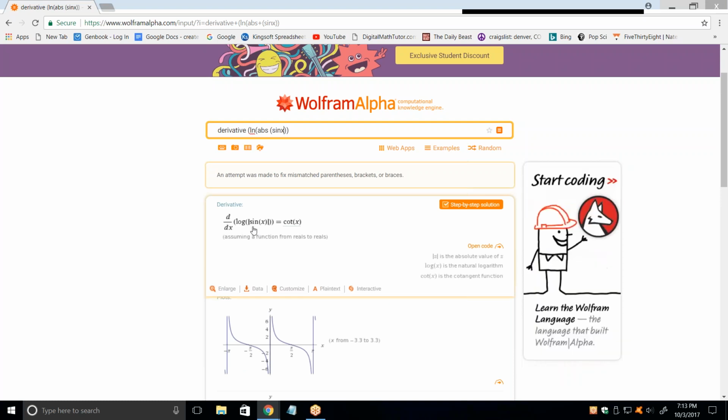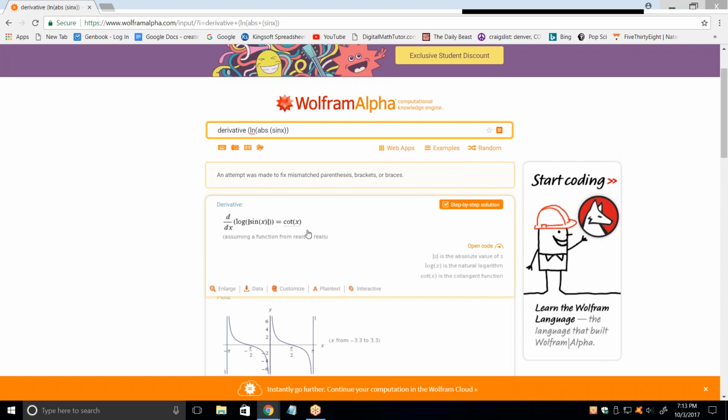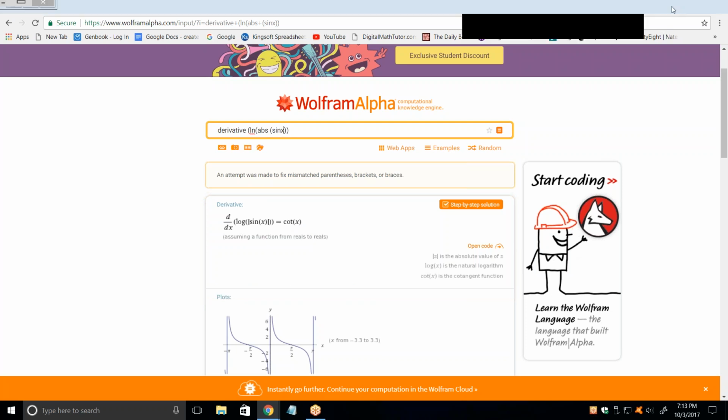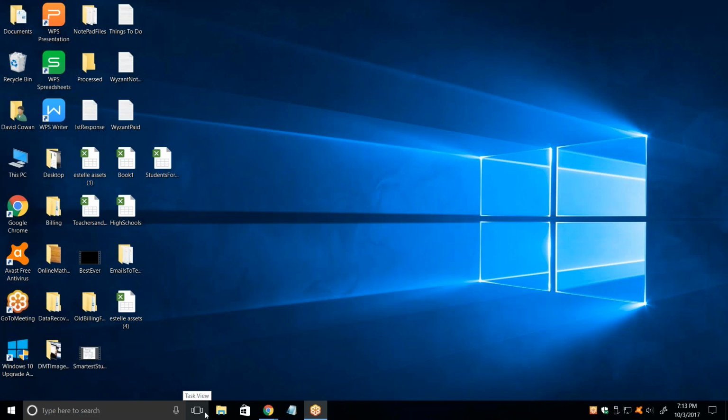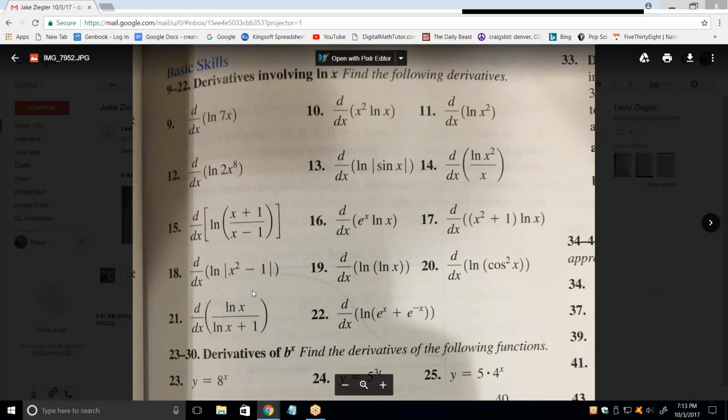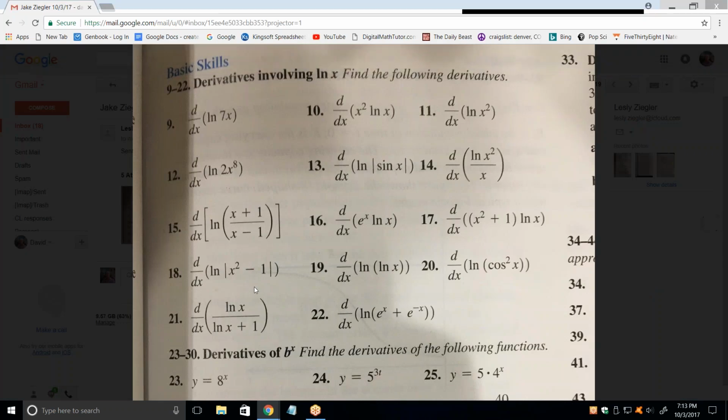Log of the absolute value of sine of x, and it gave me cotangent. How did it get cotangent? It's 1 over, oh yeah, I did it wrong when I did it. I erased it, but here's what I did. In other words, I did negative cos.